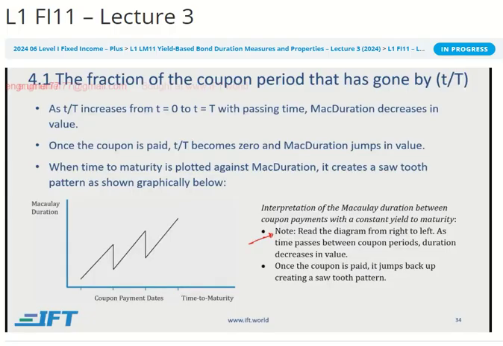As you get close to the next coupon, what happens? Let me show you in a graphical manner. And please, we have to read this diagram from right to left. So as you are going through the life of the bond, as you get a coupon, let's say you get a coupon on this date, the Macaulay duration jumps. And why is that? Let me go back and show you.